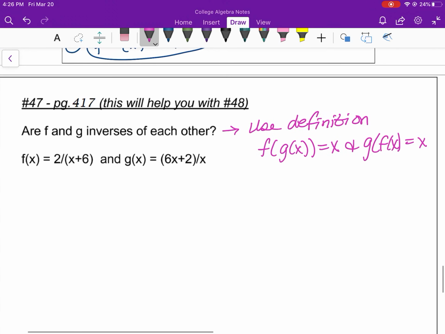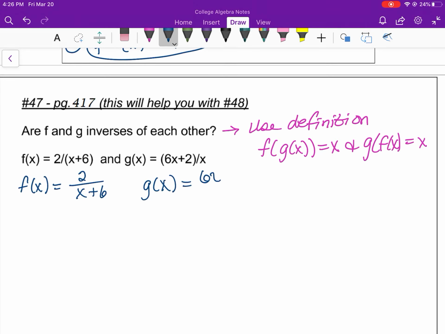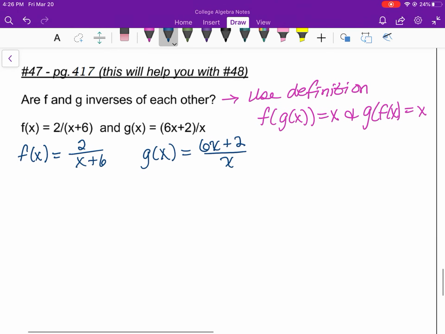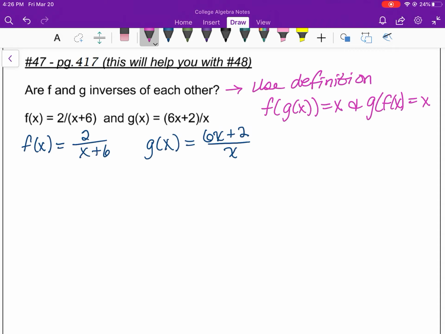So let's start by taking g of x and plugging it in for f of x. First, I'm going to rewrite them. All right. So I'm going to plug g of x in for x right here. So this is going to go in right there.